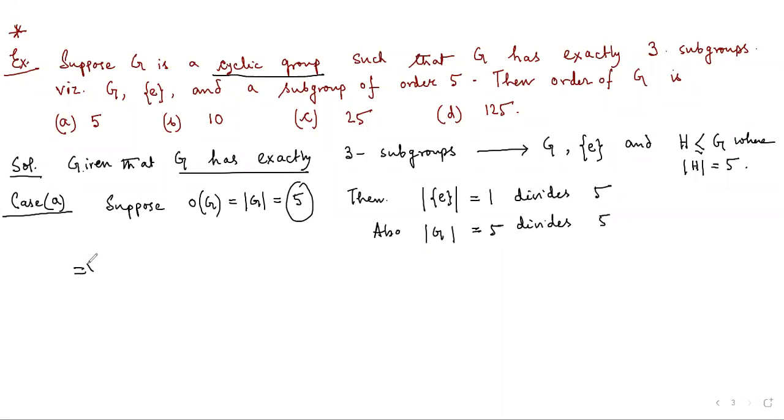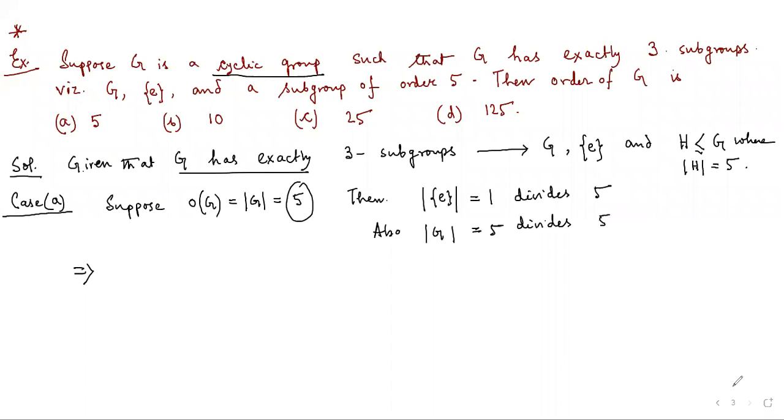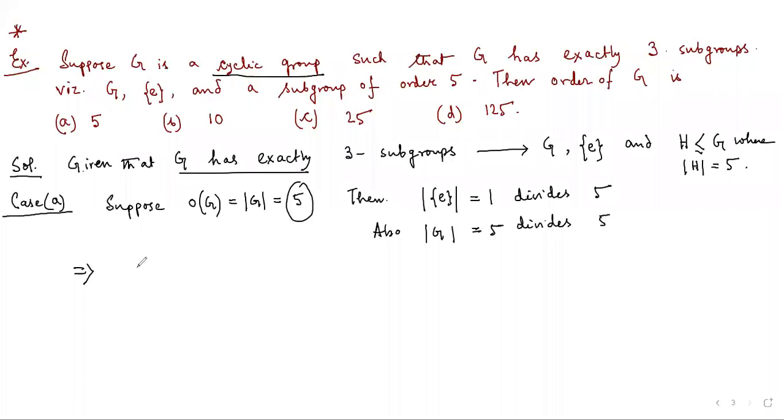Now, from the second part of the theorem, we also know that this set G has exactly 2 subgroups.